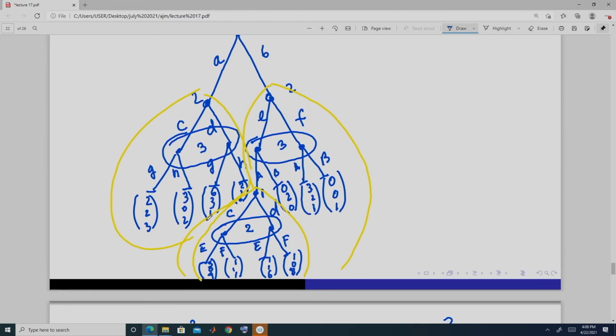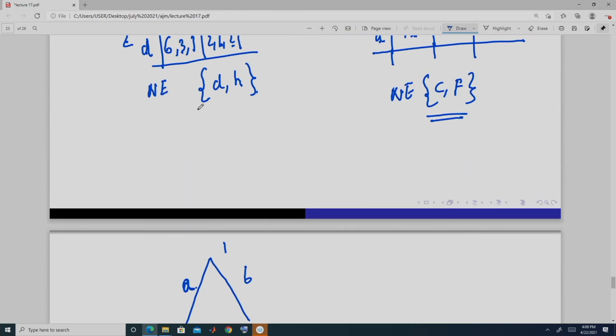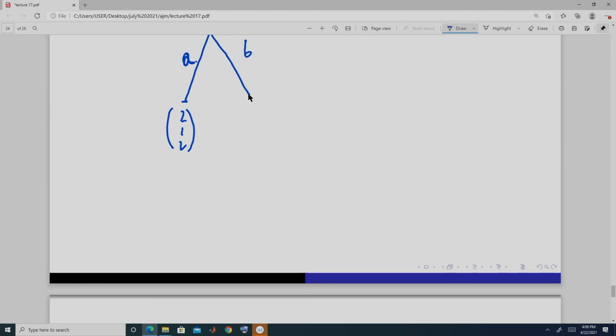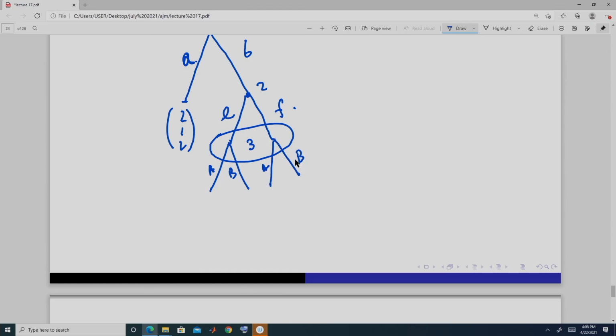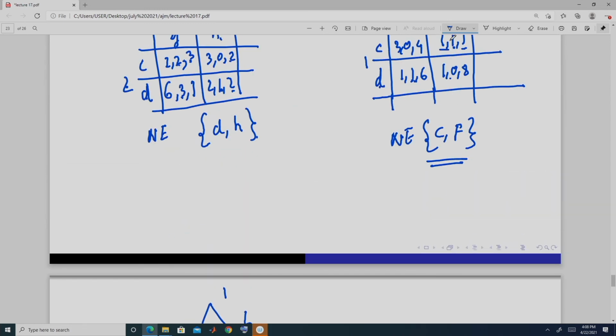Now, from this we can get... so the first game becomes: here the payoff is 2, 1, 2, D and H, D and H. And here the outcome is CF.